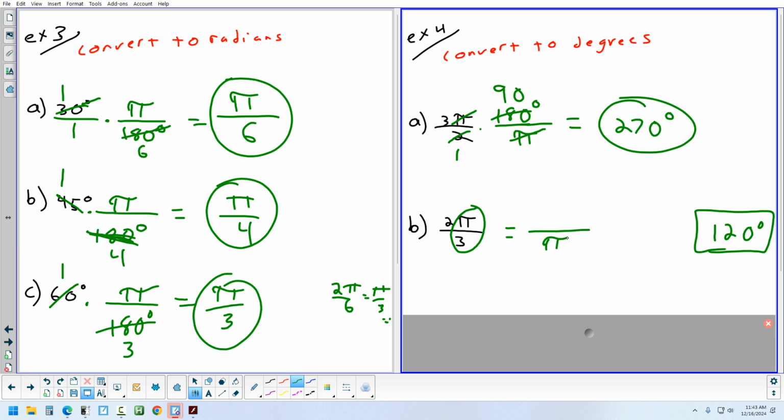What goes in the top? 180 degrees. Pi cancels. Radians cancel. And how many times does 3 go into 180? 60. And what's 2 times 60 degrees? 120 degrees. There you go.